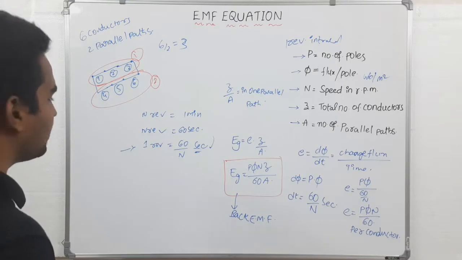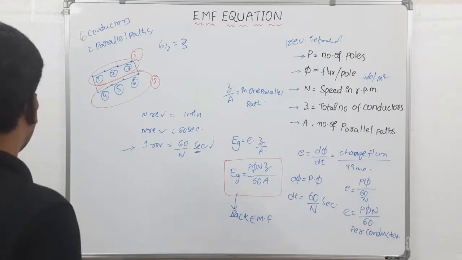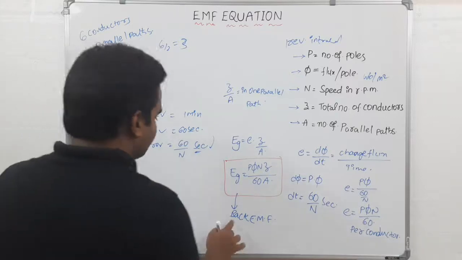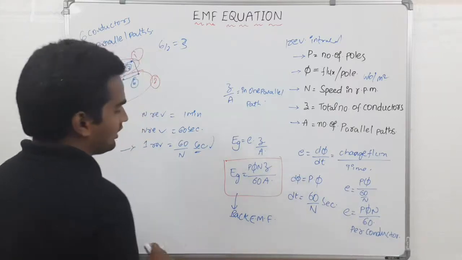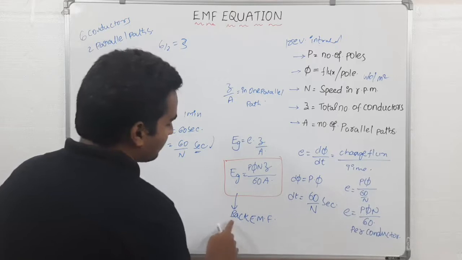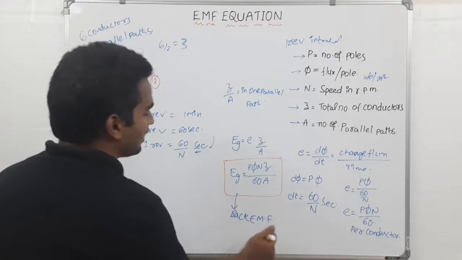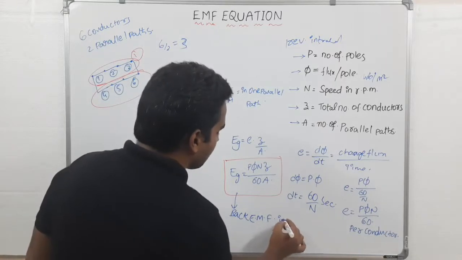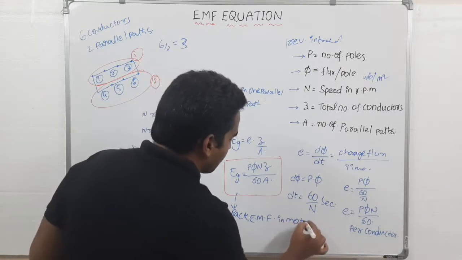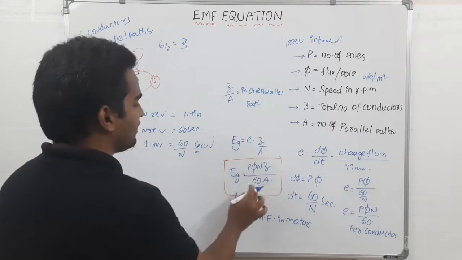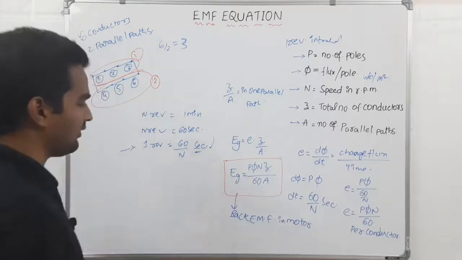The generator action in a motor is called back EMF. EMF is generated in a DC motor and the generated EMF is called back EMF. The equation of back EMF in a motor is also given as P phi N Z by 60A.